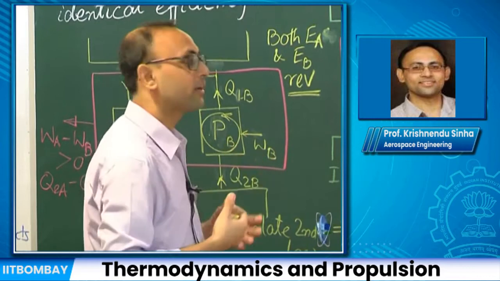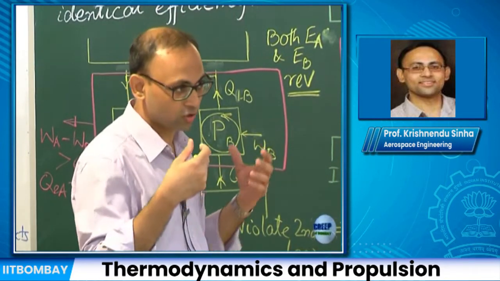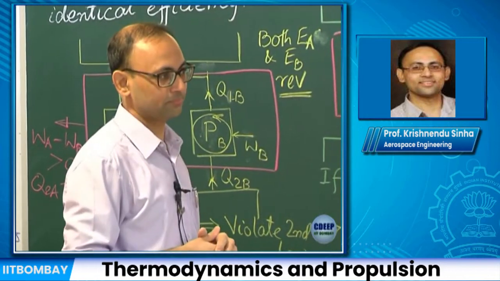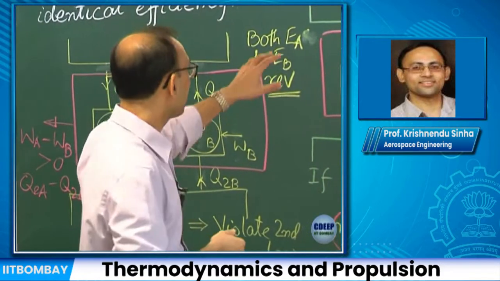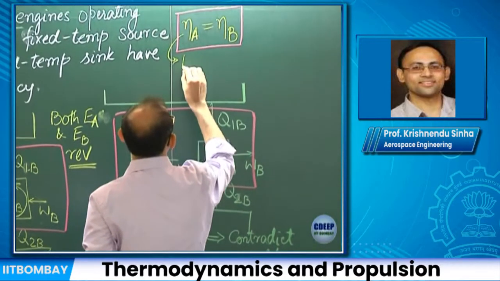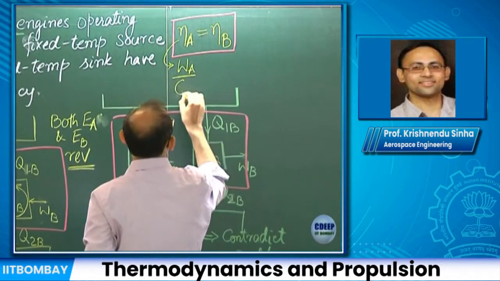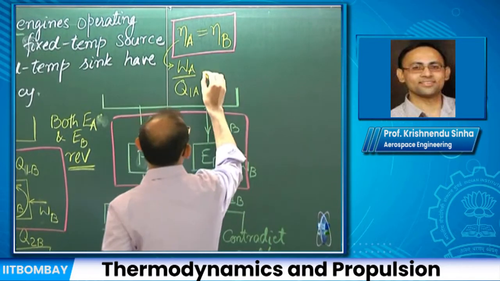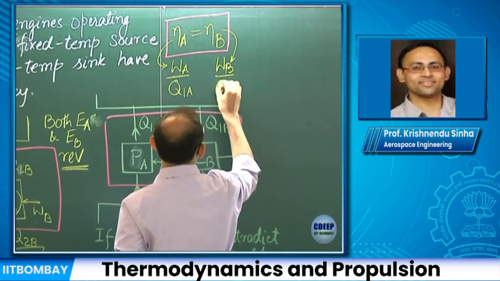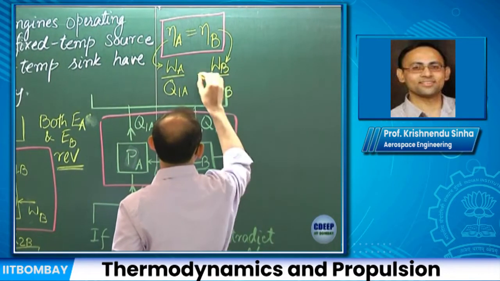How we extract work, or how we input or extract heat, can be different, but the ratios will be the same. Ratios in the form of the efficiency, and this we write as WA over Q1A, and this one is WB over Q1B.